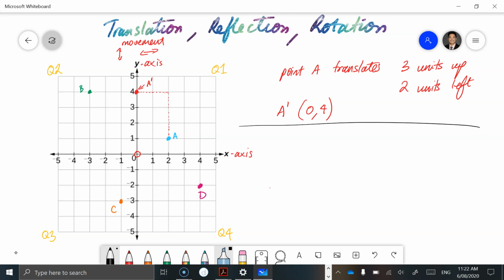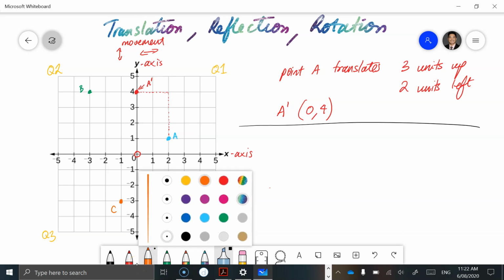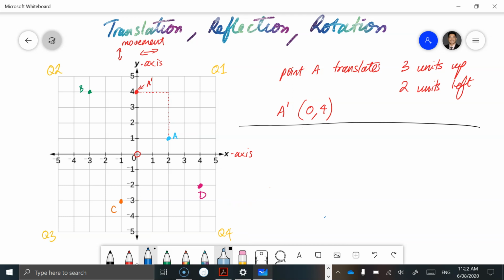We're going to move on to reflection, and we'll use point B as our example. Let's say point B is reflected about the x-axis. We want to know where this new coordinate is after it's been reflected.